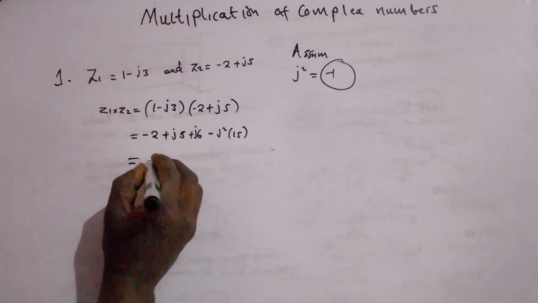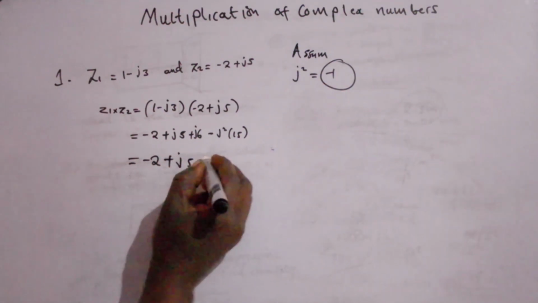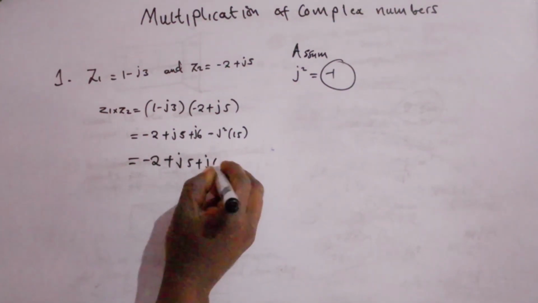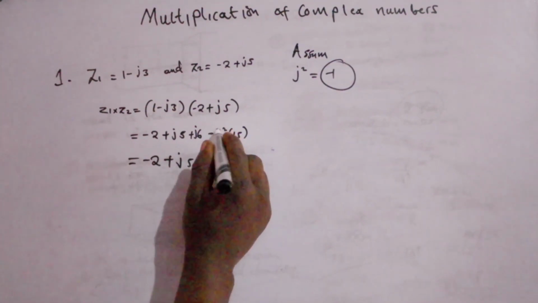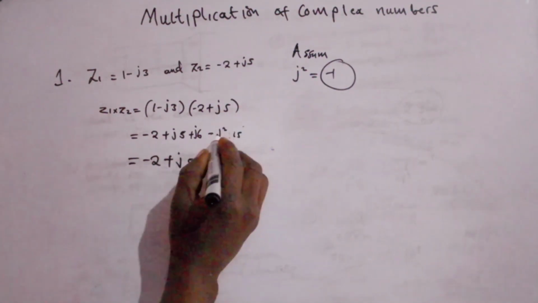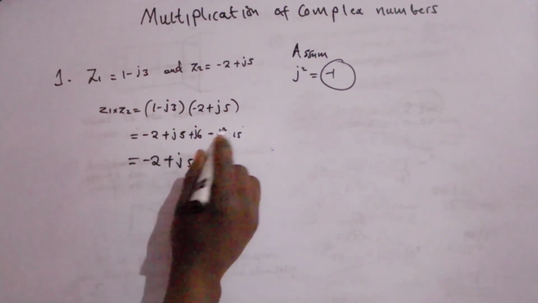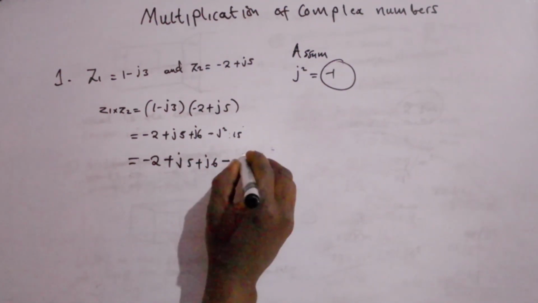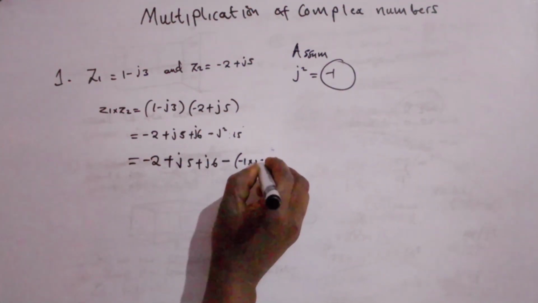So we are going to have minus 2 plus 5i plus 6i. Then here, remove the brackets. Where there's the i squared, you're going to substitute with negative 1, so it will be minus, open brackets, minus 1 times 15 here in the bracket.